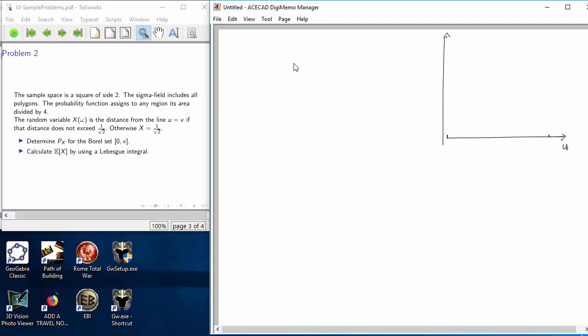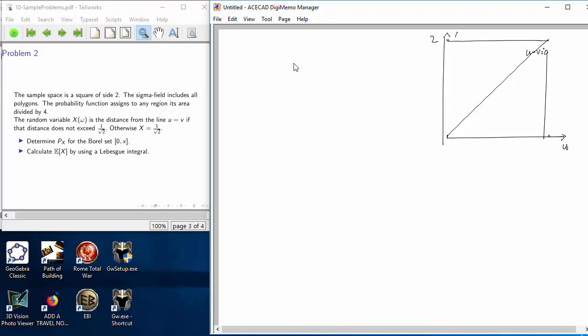Okay, here's my square of side 2. A little better on this try. There is the line where u minus v is equal to 0.